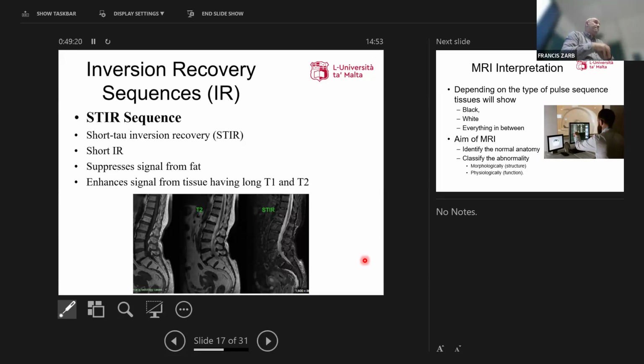U l-FLAIR fil-brain ħafna drabi iva. Ħafna drabi iva, jista' jkollok każijiet fejn jekk qed taħseb li l-patoloġija hija fluid, ma tagħmilx STIR, tagħmel FLAIR.